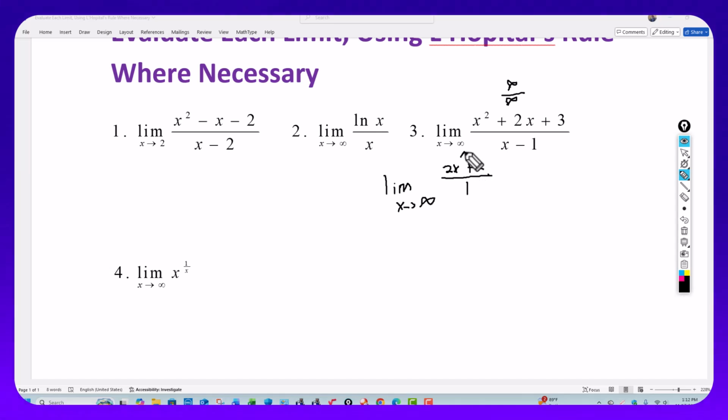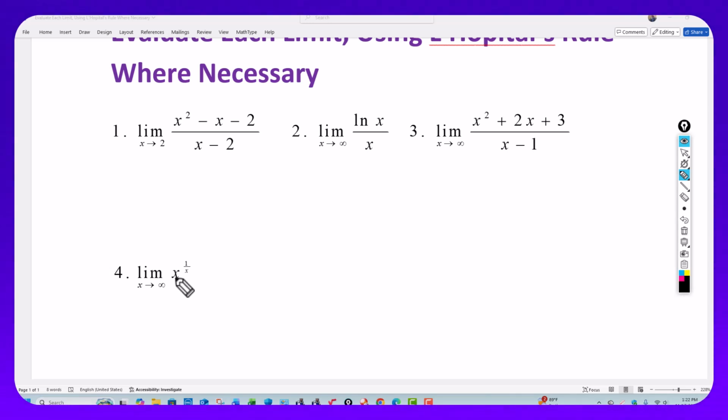This is going to go to infinity. 1 is constant, so infinity divided by 1 is going to be infinity. So using L'Hopital's rule, we confirm that as x goes to infinity, this expression goes to infinity.